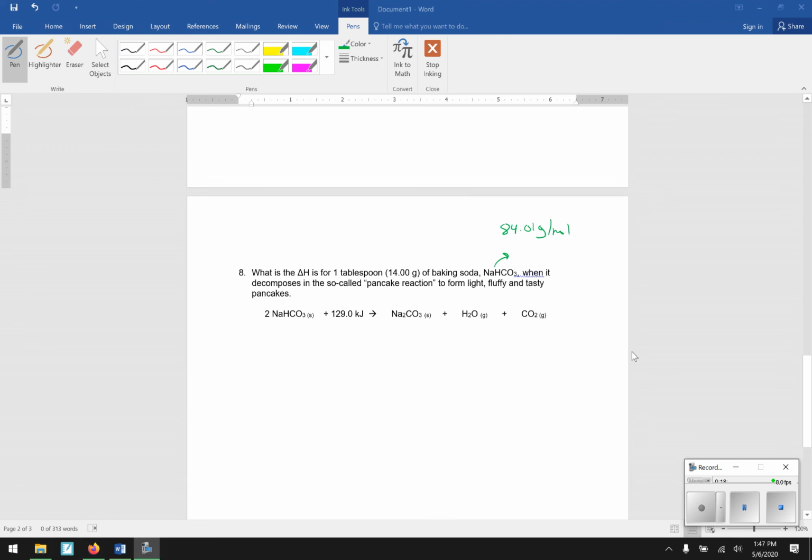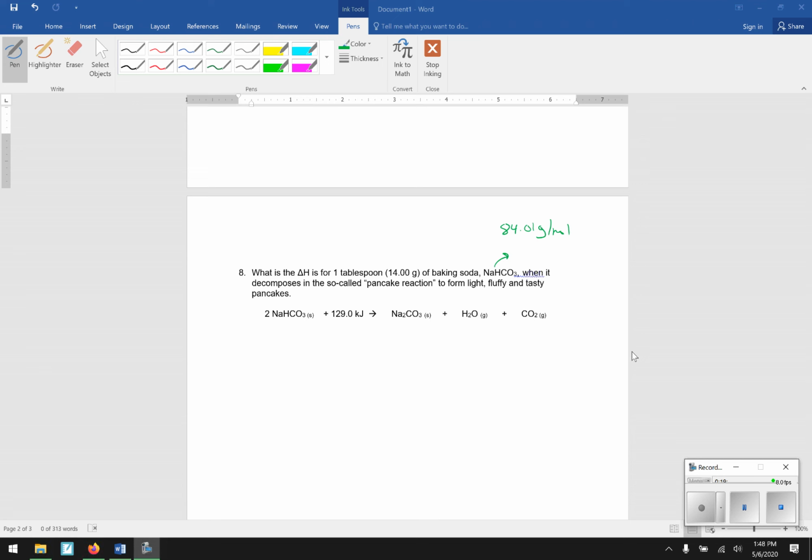So, what is the heat of reaction, or the enthalpy change, delta H, for 1 tablespoon, 14 grams of baking soda, when it decomposes in the so-called pancake reaction to form light, fluffy, tasty pancakes? This is the real reaction that happens with baking soda to make pancakes. That's why we use baking soda in things like that. It'll decompose into, among other things, CO2, which will cause the little bubbles that make the pancakes fluffy.